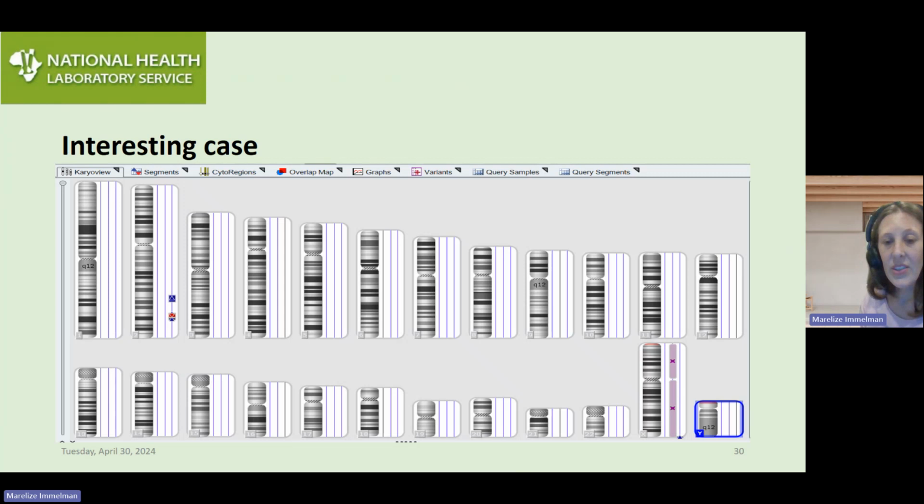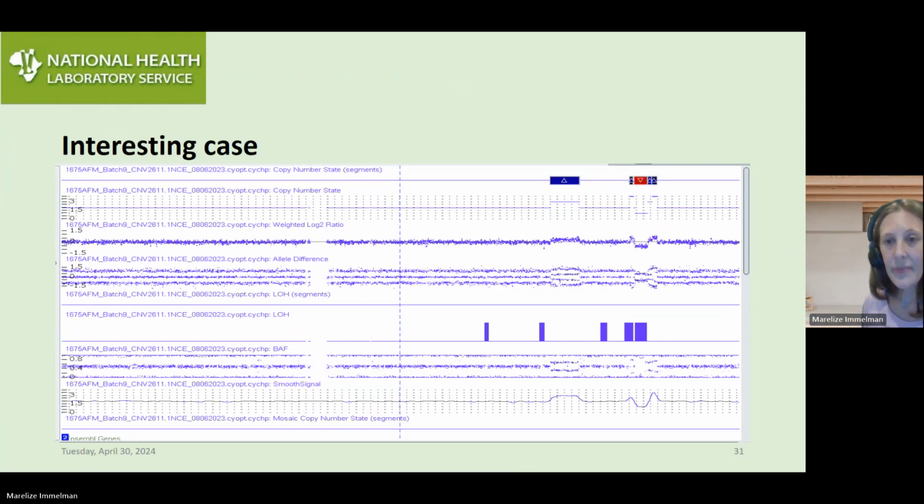And this is quite interesting as a number of these occur very close in proximity, and it involves duplications and deletions of the long arm of chromosome 2.